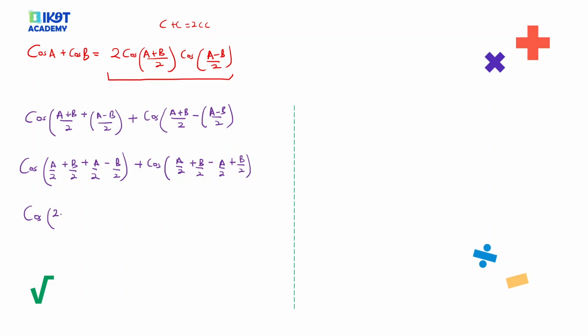B out of 2 minus B out of 2, that goes, plus cos. Here I have A out of 2 minus A out of 2, that goes. B out of 2 plus B out of 2 is 2B out of 2. So we end up having cos A plus cos B. I've literally reversed this back to that.